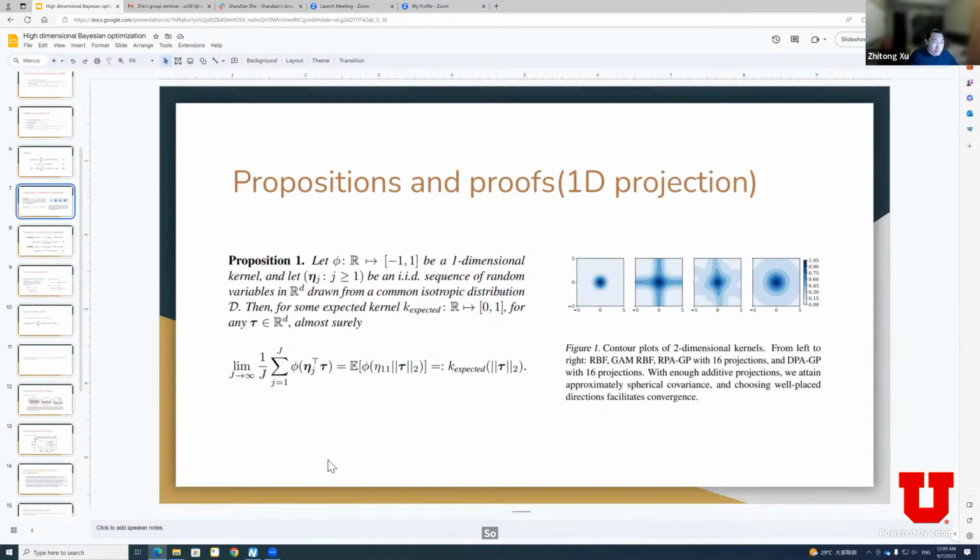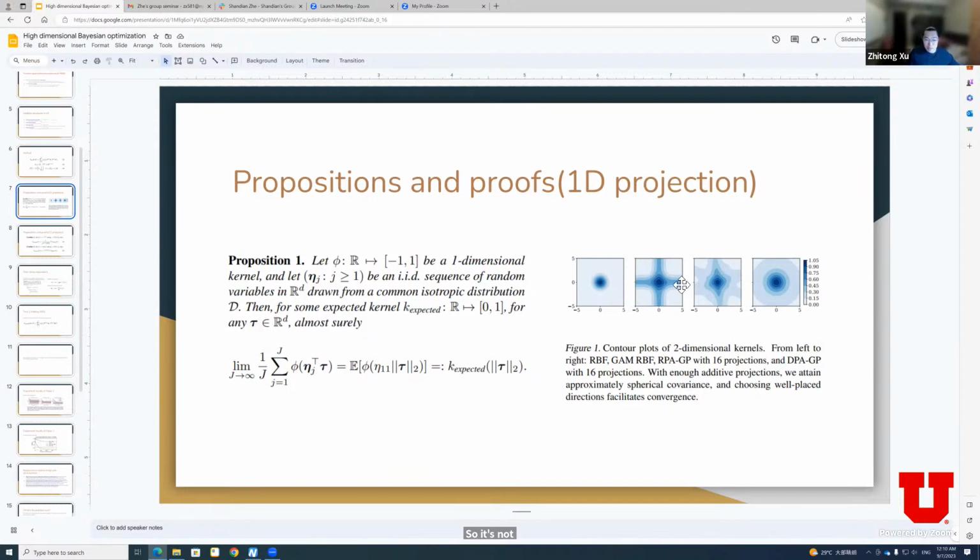Okay. I think this actually makes sense, because the RBF kernel works on the distance, so the covariance is going to decay along every direction at the same rate. By the nature of an additive kernel, it's going to decay along this axis and along this axis.